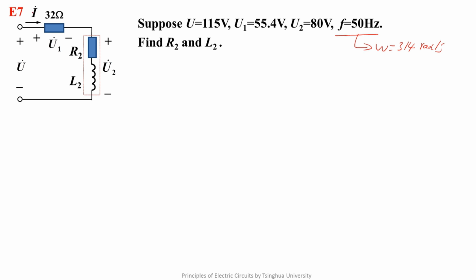Specifically, the current I is equal to U over the whole impedance, like this. Because we know the RMS voltage over the 32 ohm resistor is 55.4 volts, we can find this. Next, the input impedance and the current of U2 have such a relation.